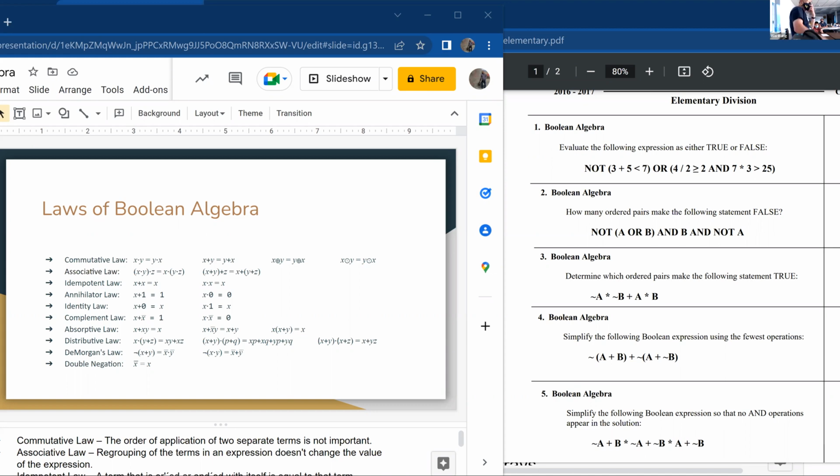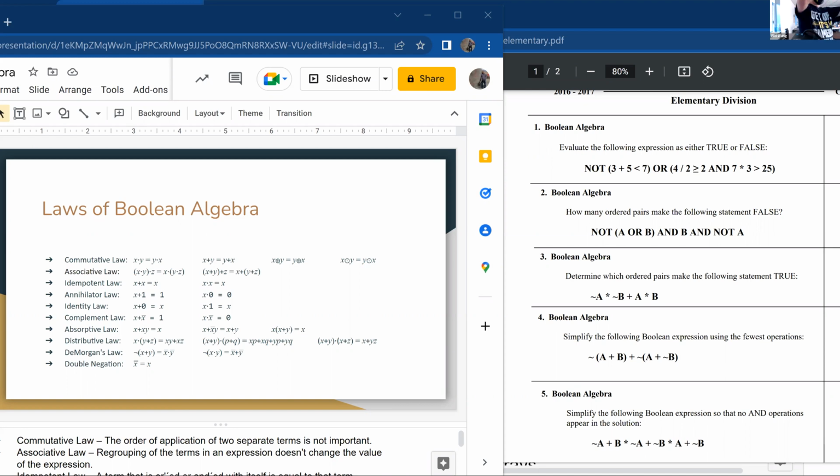Let's say 3 plus 5 is 8, right? 8 less than 7 is false. So you can replace this with false. So not false is true. So now you have true or whatever.